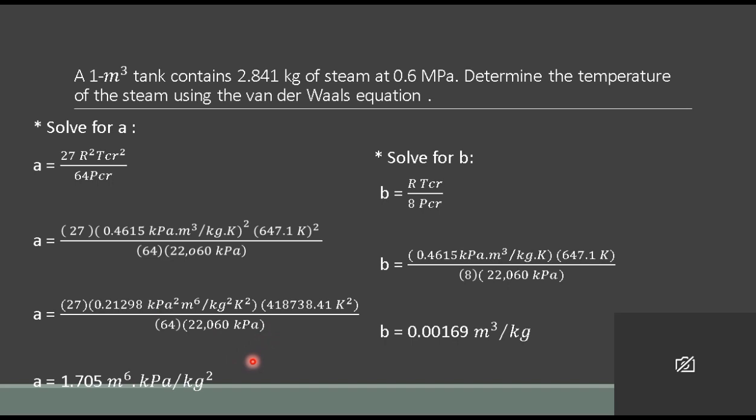Canceling the common units, A equals 1.705 m raised to 6 kilopascal per kilogram squared.